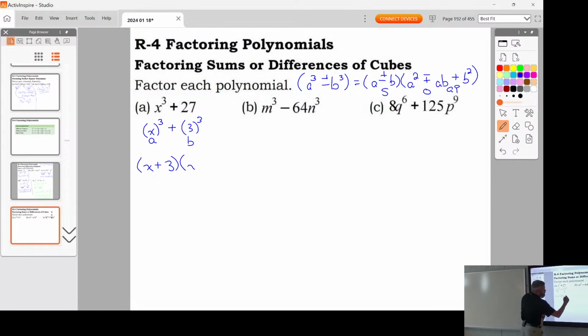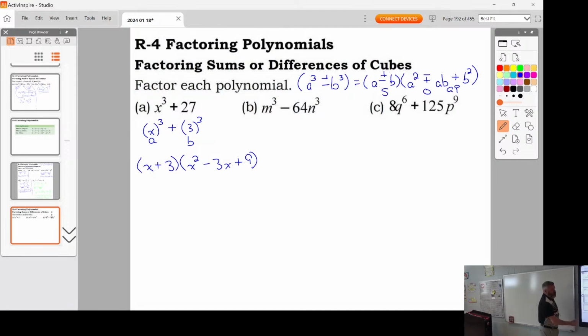X squared. Opposite sign, so minus. What is A times B? 3x. Always plus, what is my B squared? And we're done.